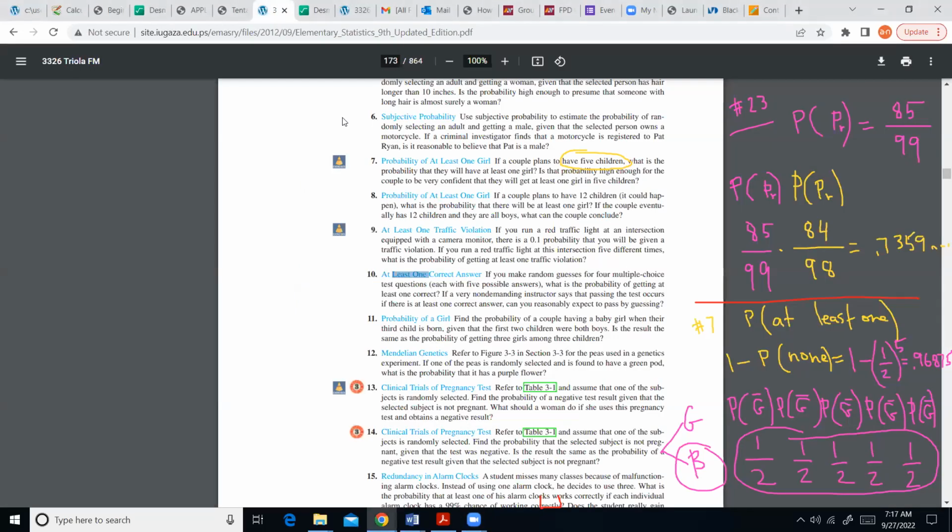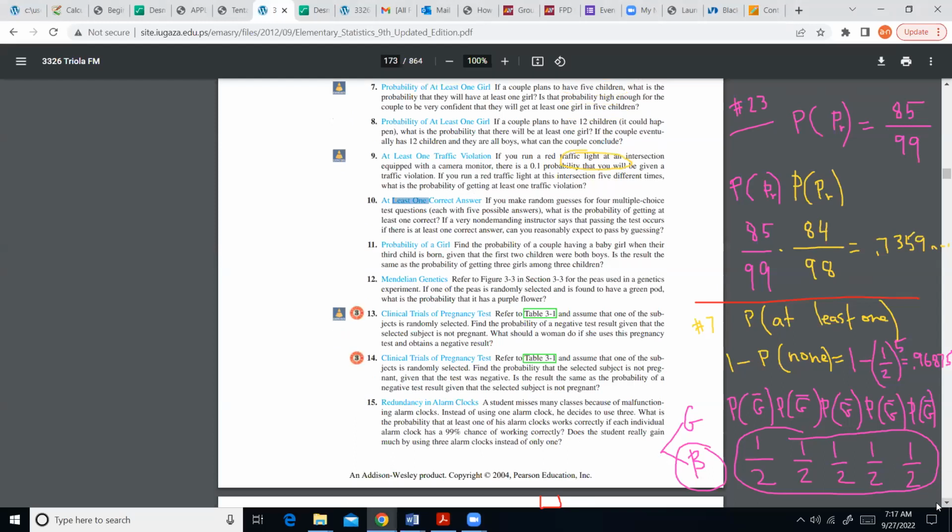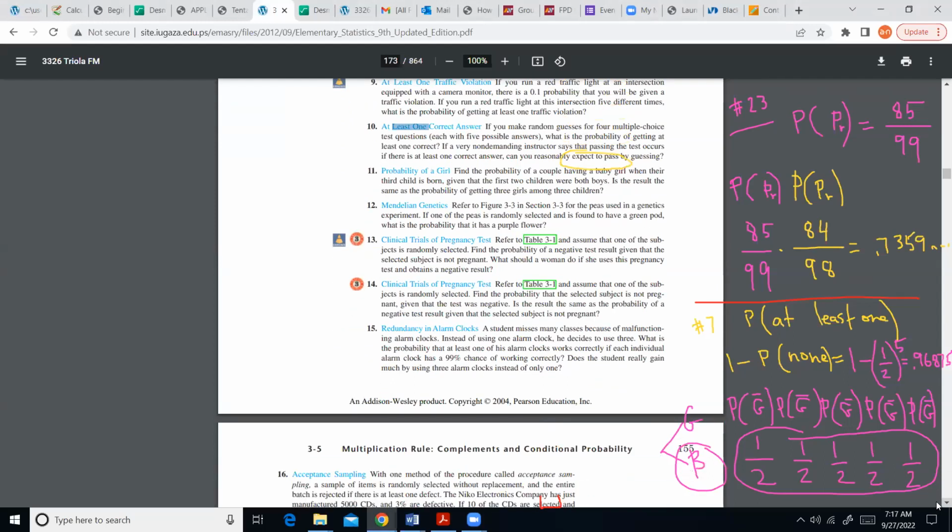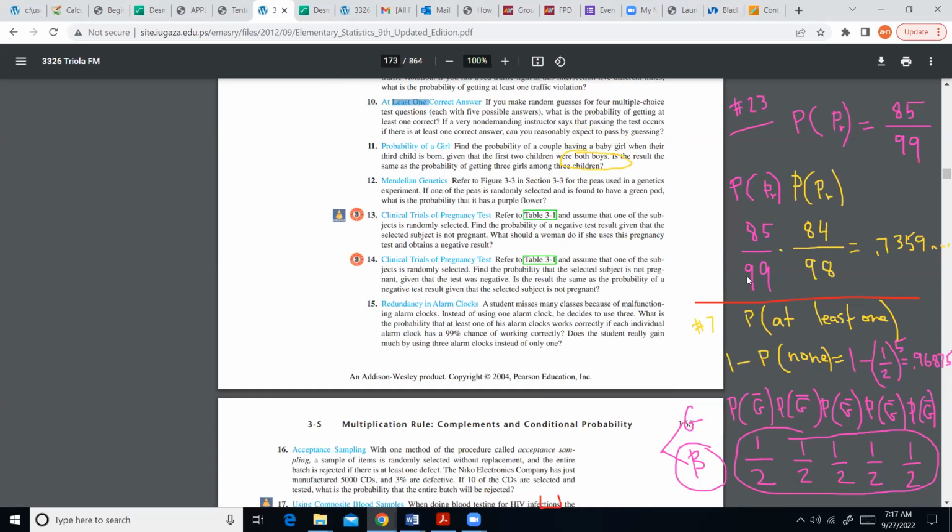So let's do more. Looks like probability of at least 1 repeats throughout these exercises again and again. So how about problem like 15 here? Number 15 talks about the alarm clocks. So if the alarm clocks don't work, well, that's disappointing.